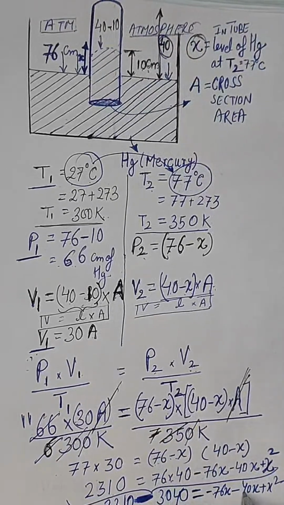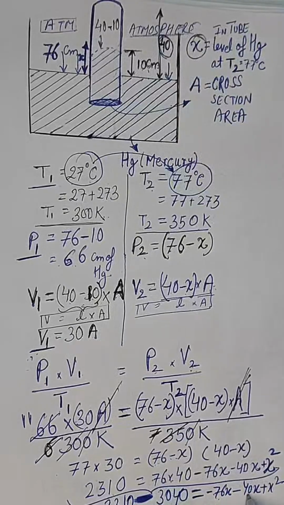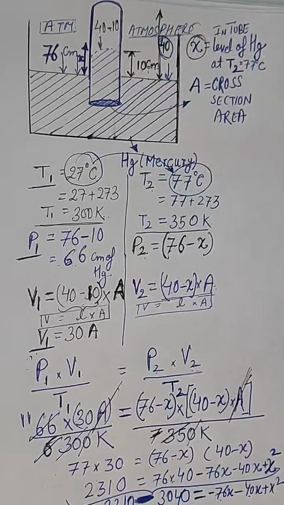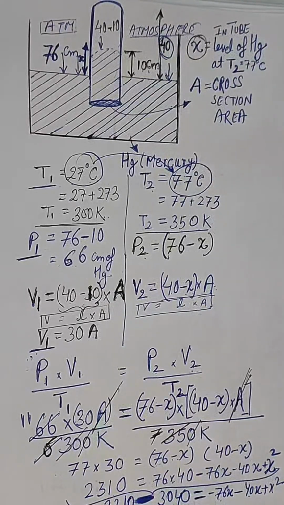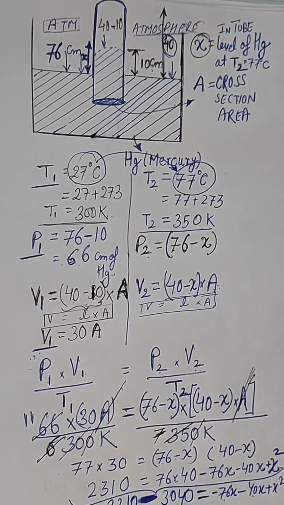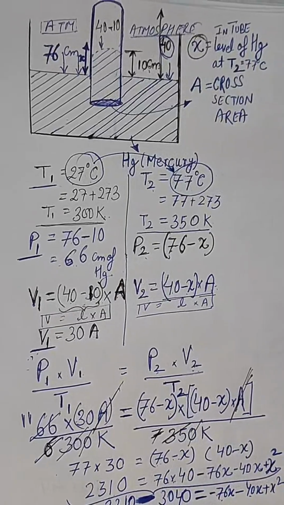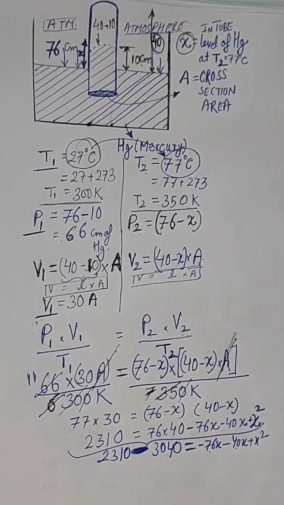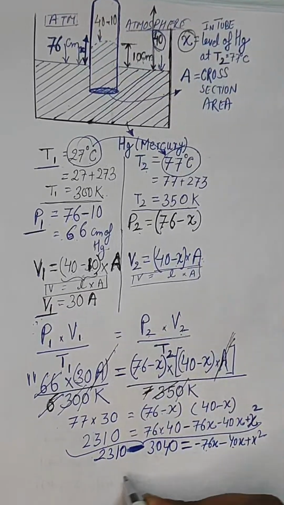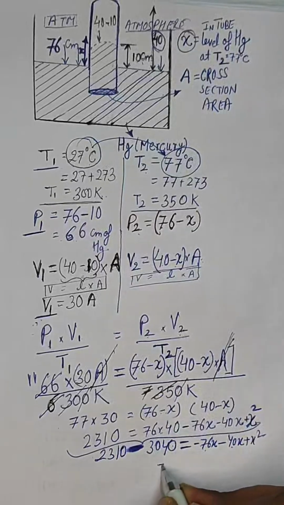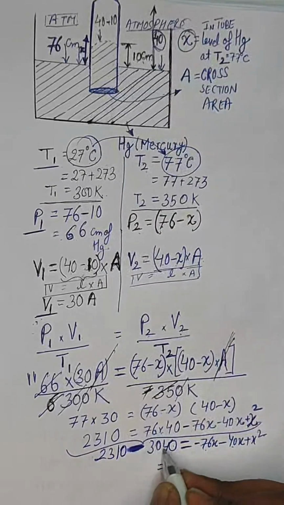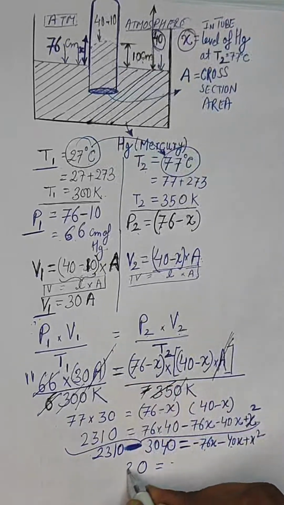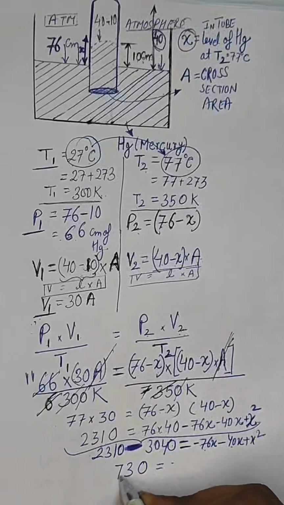How much will it be? It will be minus 116x. Now the LHS: 0 minus 0 is 0, 4 minus 1 is 3, 10 minus 3 is 7, 2 minus 2 is 0.